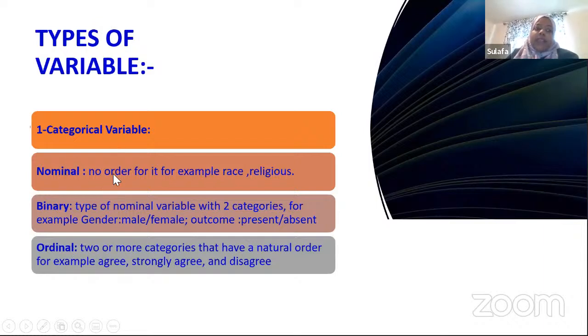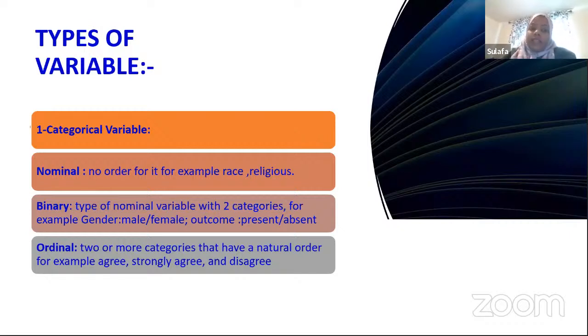The nominal one has no order. For example, race and religion, so we cannot order it. For race, we can say African American, we can say white, but we cannot order it. Another type is binary, a type of nominal variable.